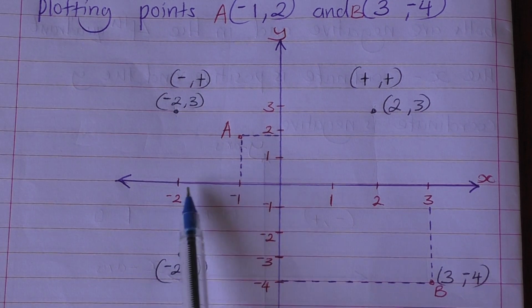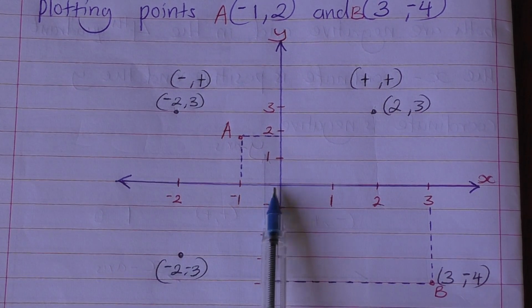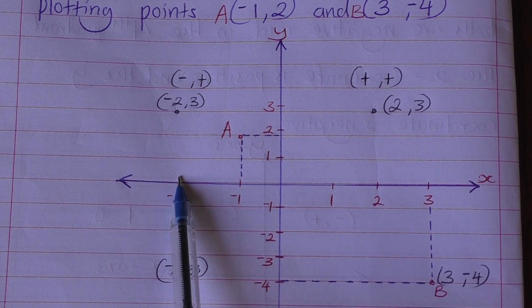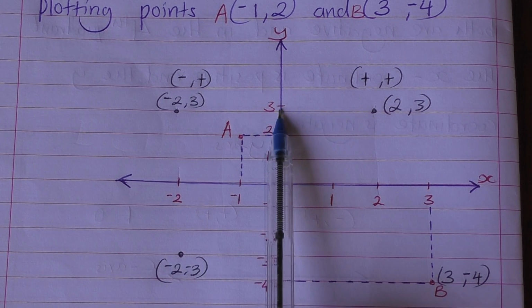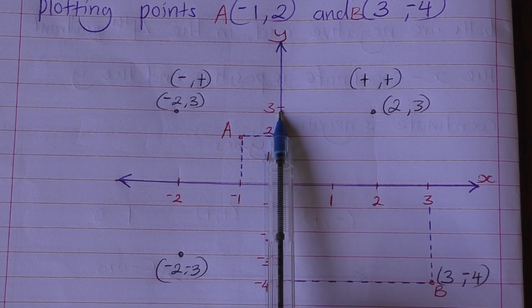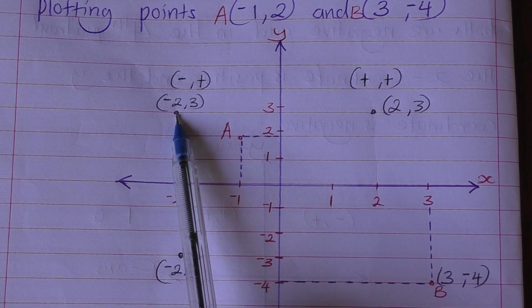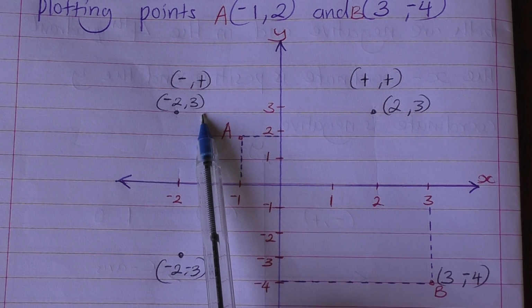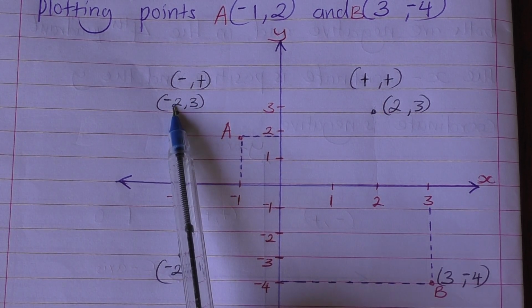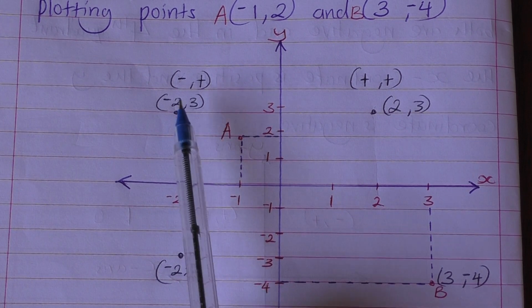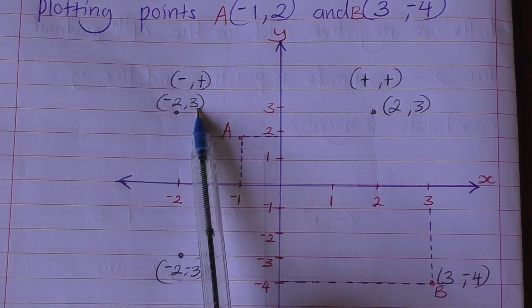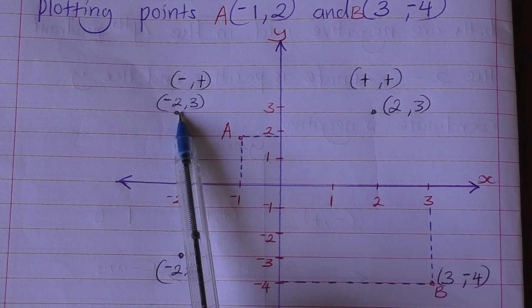So you come on the x-axis and locate negative 2. Where it meets with the positive 3 on the y becomes our point, negative 2, 3. And since the x-coordinate is negative and the y-coordinate is positive, that point lies in the second quadrant.